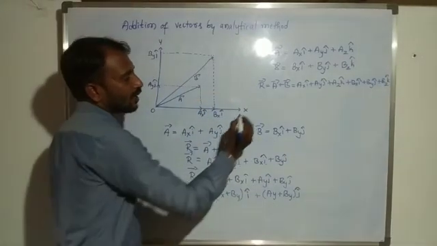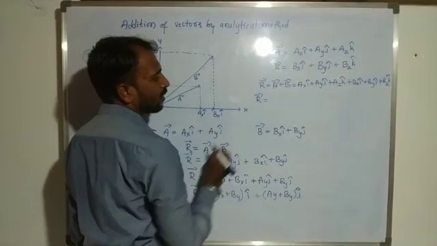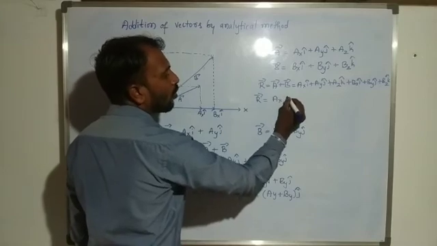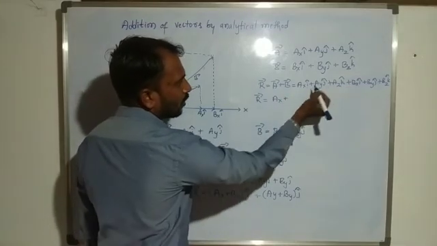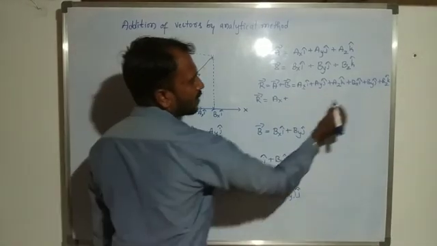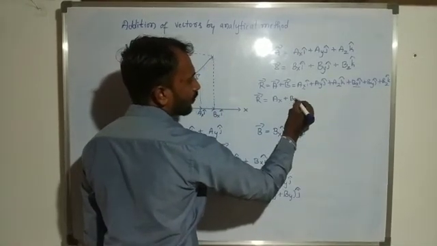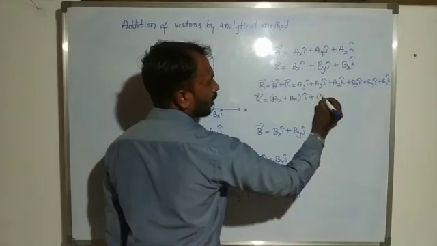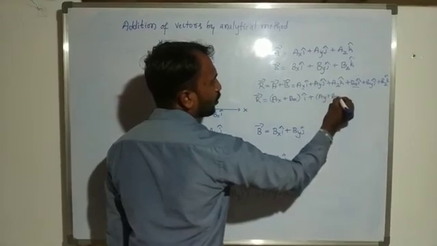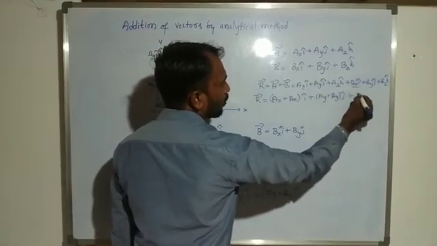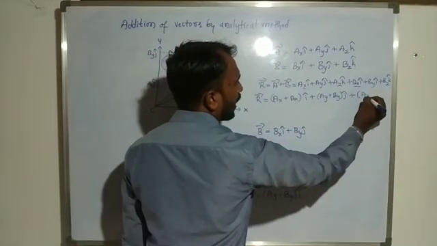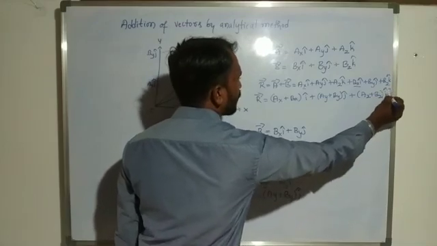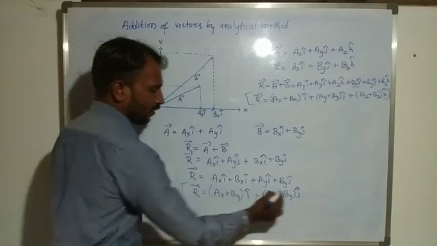So the final answer, the resultant vector R, is equal to (Ax plus Bx) into i cap plus (Ay plus By) into j cap plus (Az plus Bz) into k cap. This is the final resultant vector value.